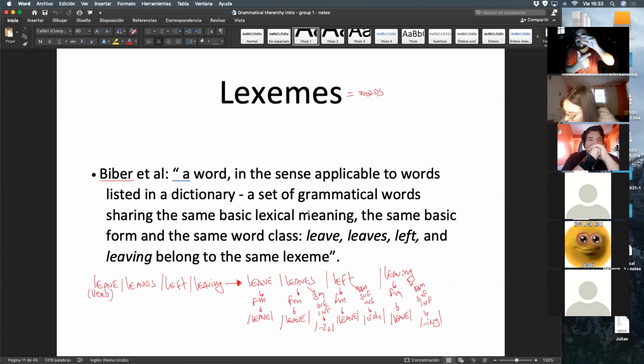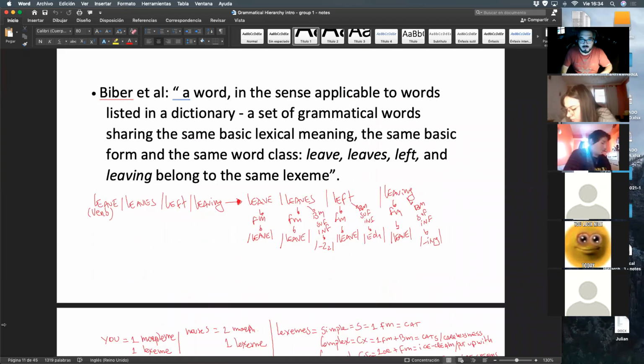And it can vary in different manners, right? So for example, the word leave. Leave is a verb, right? I'm talking about this place over here. Leave is a verb, and you can write it down as leave, leaves, left, and leaving.